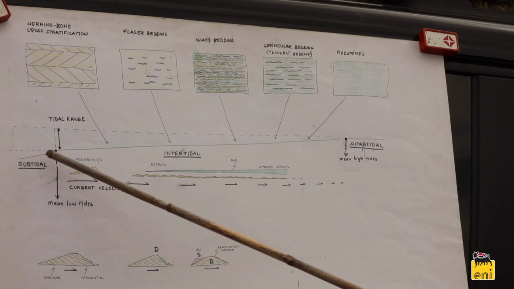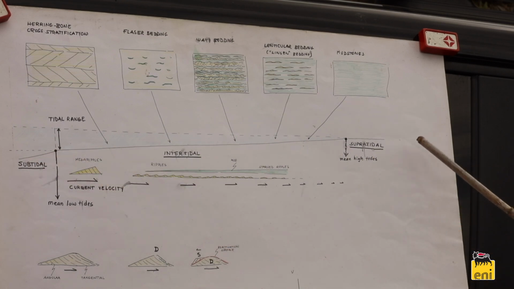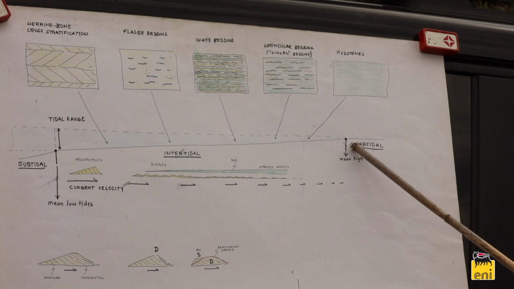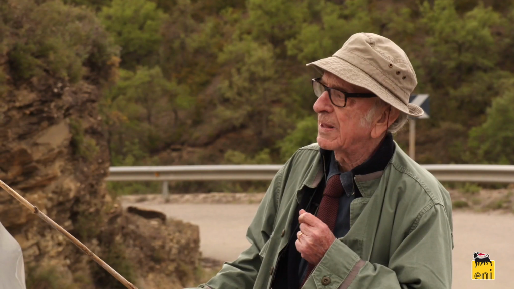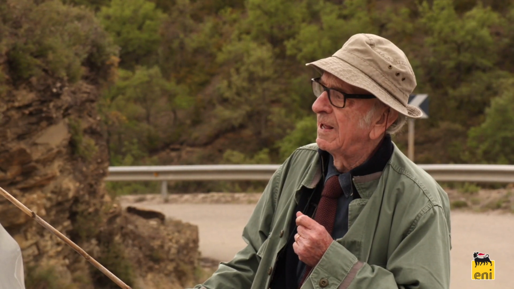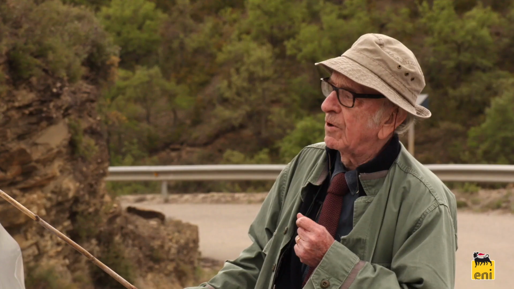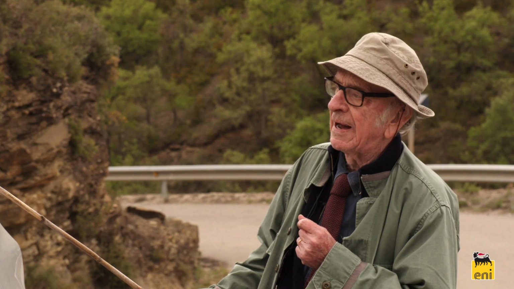A tidal environment can be described in terms of supratidal, which is only occasionally reached by tides. Then you have a boundary between the supratidal and the intertidal, which is here, and coincides with the mean high tides.